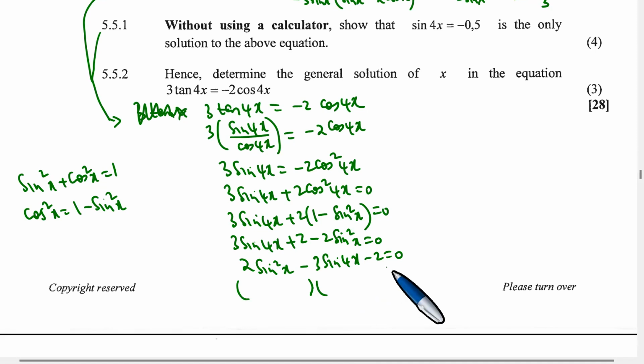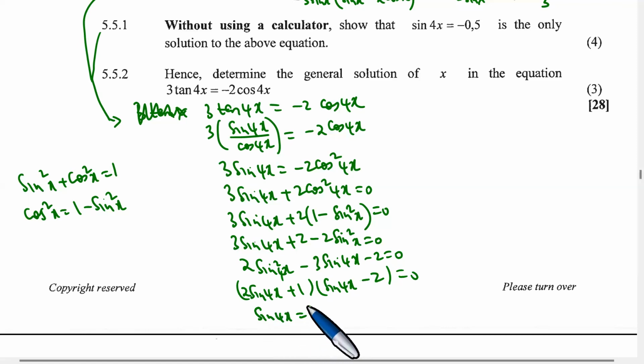So here you have 2 sine 4x, plus 1 minus 2, which means the sine of 4x is equal to minus 1 over 2.